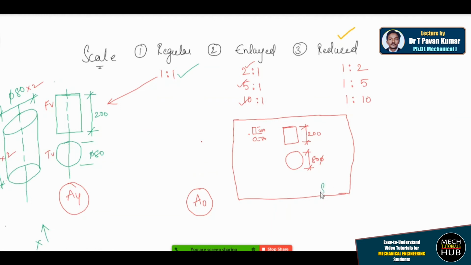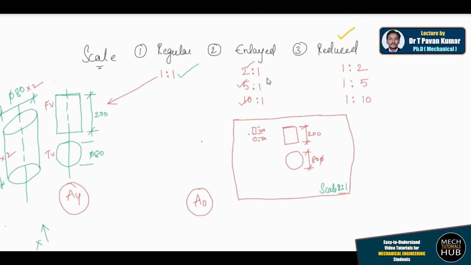In the bottom right corner, you are supposed to specify the scale, that is 2:1, meaning we have increased the dimensions of the representation by 2 times. For example, if you have increased it by 5 times, you are supposed to write it as 5:1.